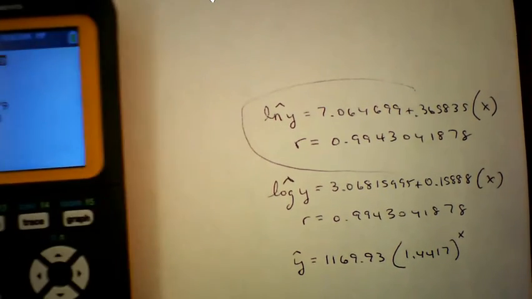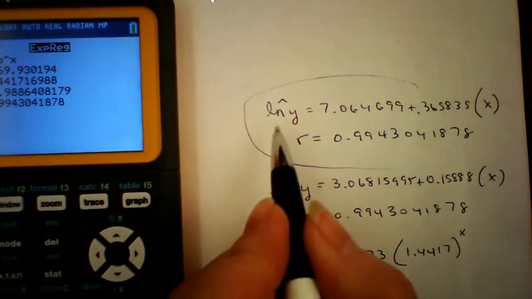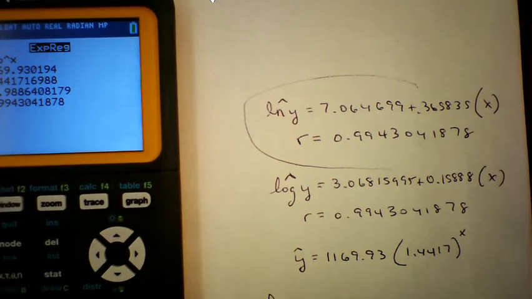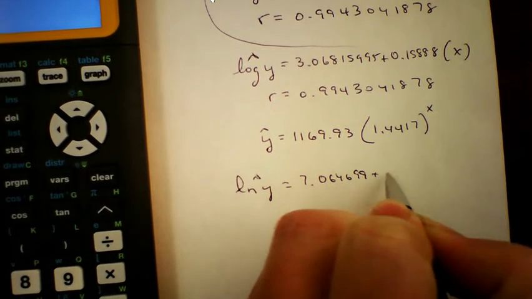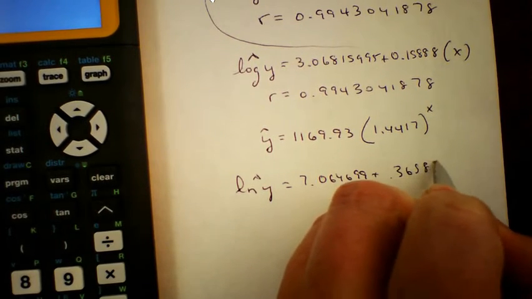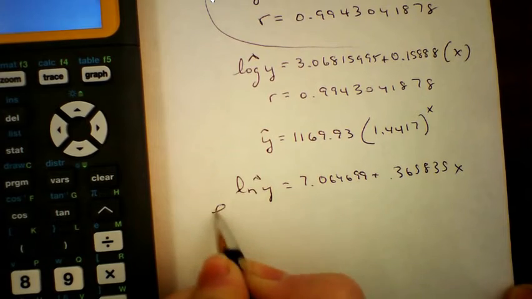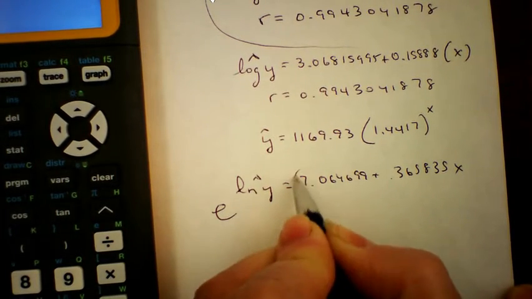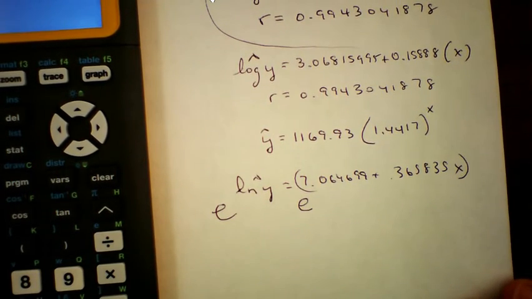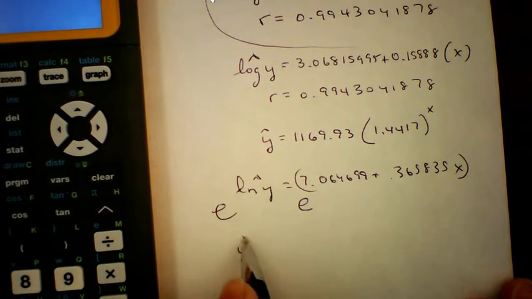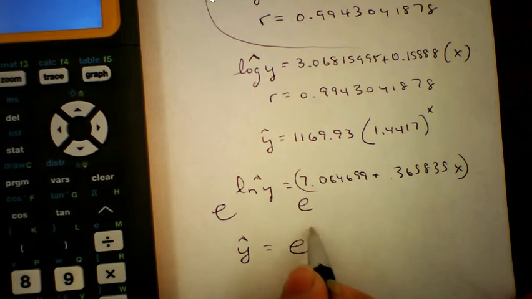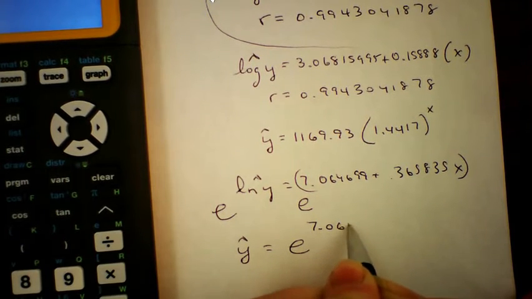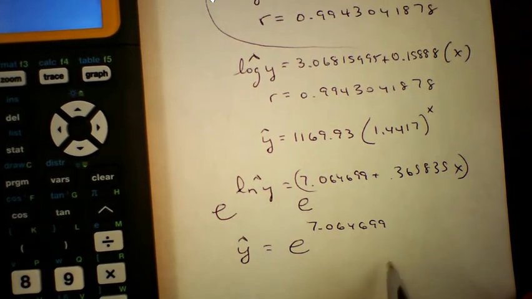And how would something like that be discovered from this right here? Natural log of y equals 7.064699 plus 0.365835x. If I take base e, now that means that all of this is the exponent on base e. So I have y equals, and then I have base of e to the 7.064699.